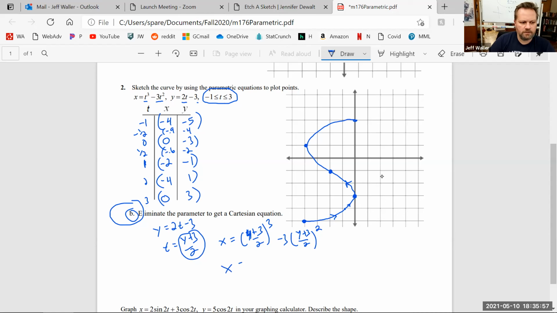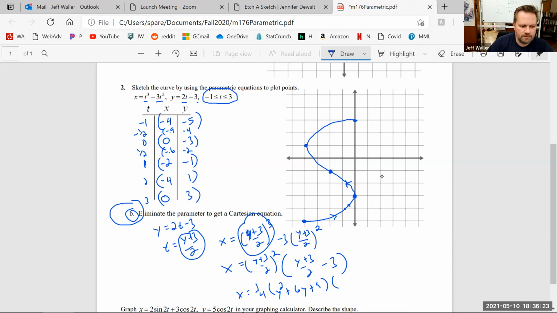I can take (y plus 3) over 2, squared, and then I get (y plus 3) over 2 minus 3. You can do this however you want. So here I get 1/4 of (y squared plus 6y plus 9) times 1/2 of (y plus 3) minus 6, so y minus 3.